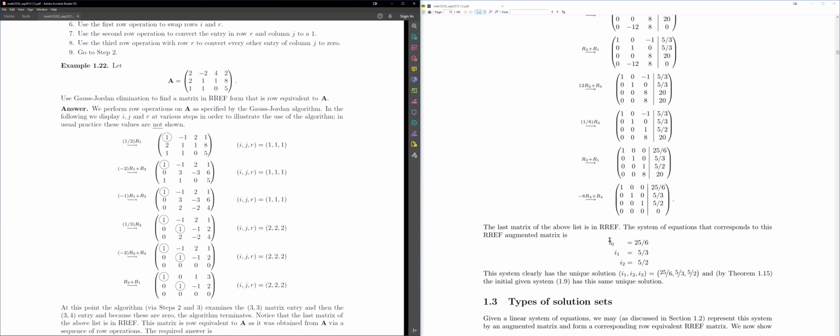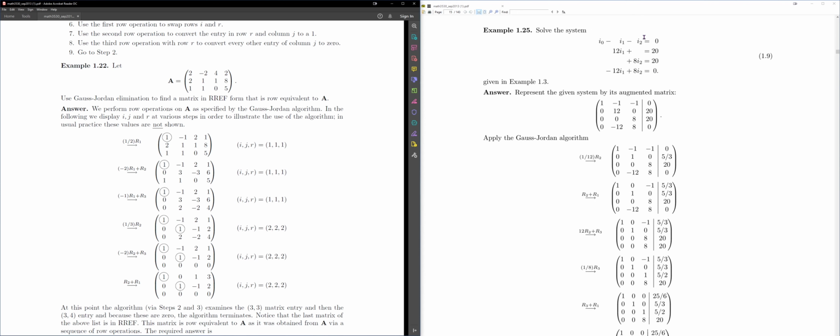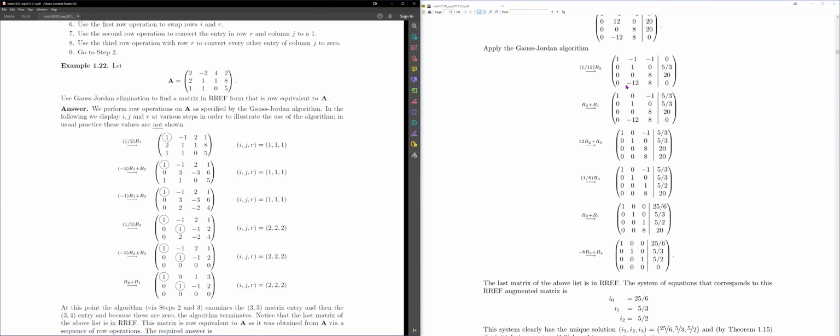Okay, so you have your system over here, you form your augmented matrix, and you're going to apply row operations until you get something that is RREF. And RREF is good because the corresponding system is usually of a very nice form, and you could figure out what your solutions are.